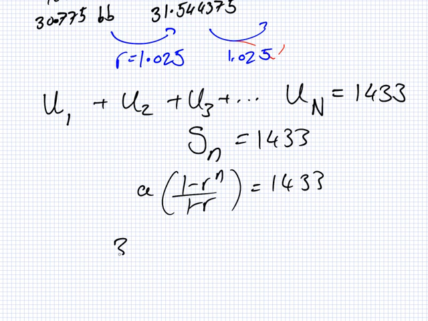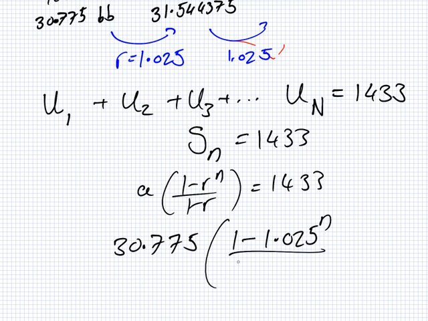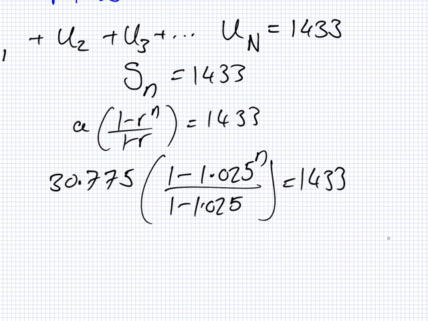The a is 30.775 and the r is 1.025. So (1 minus 1.025^n) over 1 minus 1.025 equals 1433. So here, we're trying to get the n.